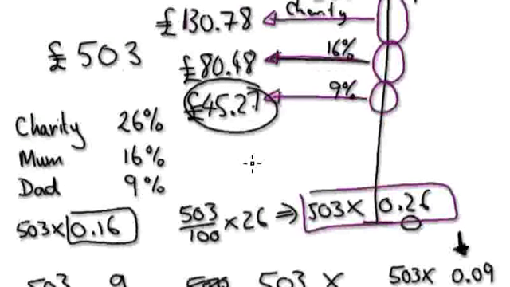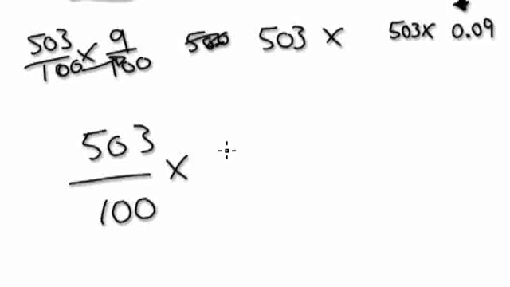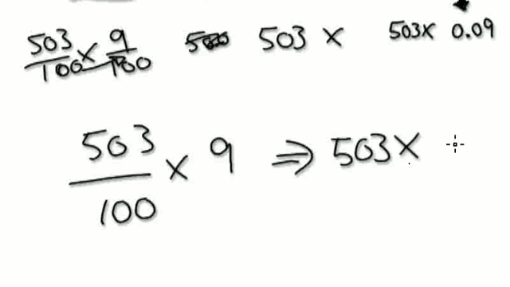The main important point of this video is that, rather than doing 503 divided by 100 and then times 9 for the 9% to your dad, I want you to be able to do 503 times 0.09.